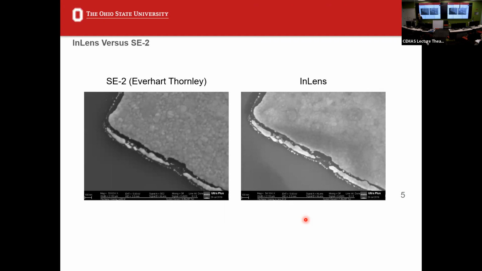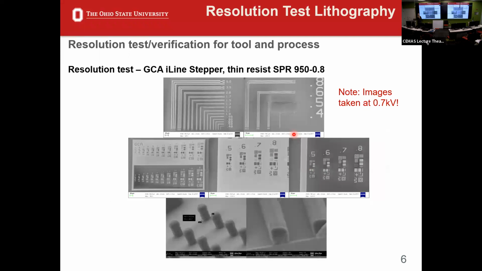But you can see the residues are visible on this image, whereas you're not actually able to see them on the SE2 image. So partly there's a slight difference in brightness, but also really it's the detector here. I wanted to make note of that because we actually do this quite often at 10 kV, just because it's a good training mechanism.